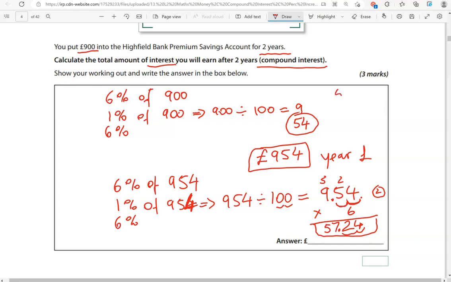So if we add them together, it should give us the total amount of interest. So 4 and 0 is 4, 2 and 0 is 2, 7 and 4 is 11, so 1 down, 1 carried over, 5 and 5 is 10, and the 1 is 11. So £111.24.